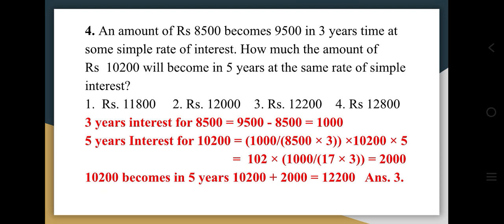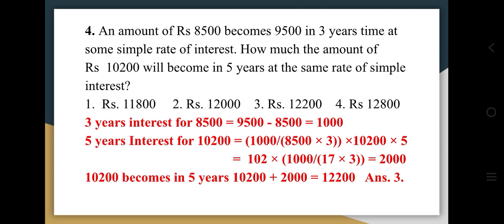So 3-year interest for 8,500 is 1,000. What we want? What 10,200 will become in 5 years at the same rate of simple interest. That is, we want 5 years interest for 10,200.